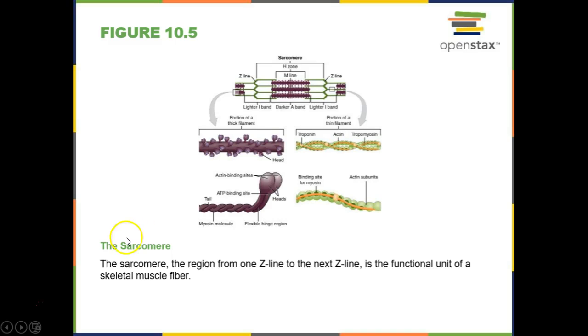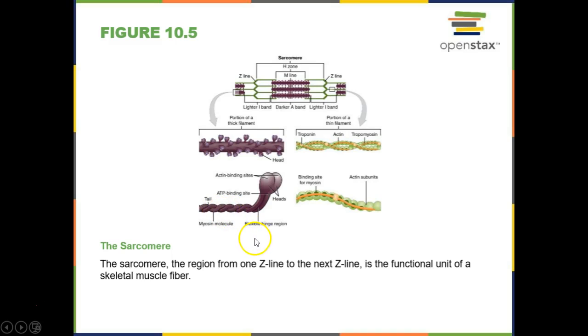And the sarcomere itself is composed of different types of proteins. So we have these darker purple proteins here. Those are called thick filaments, and thick filaments are mainly your myosin. Myosin has two different binding sites. It has an actin binding site, and it has an ATP binding site.